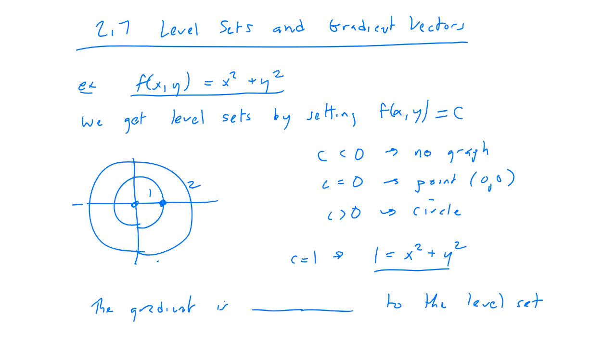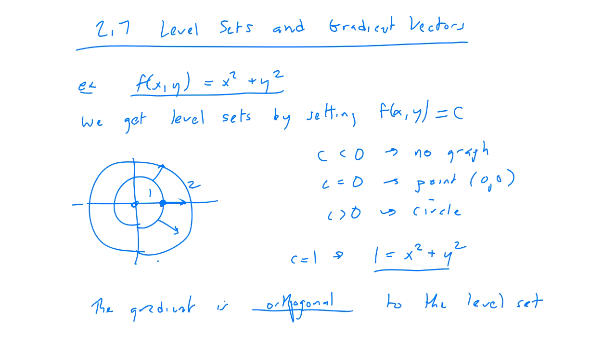And so it should be obvious, although we should really do the work to show it, that gradients are orthogonal to the level set. And so therefore, when we want to get the tangent, we're going to use this idea.